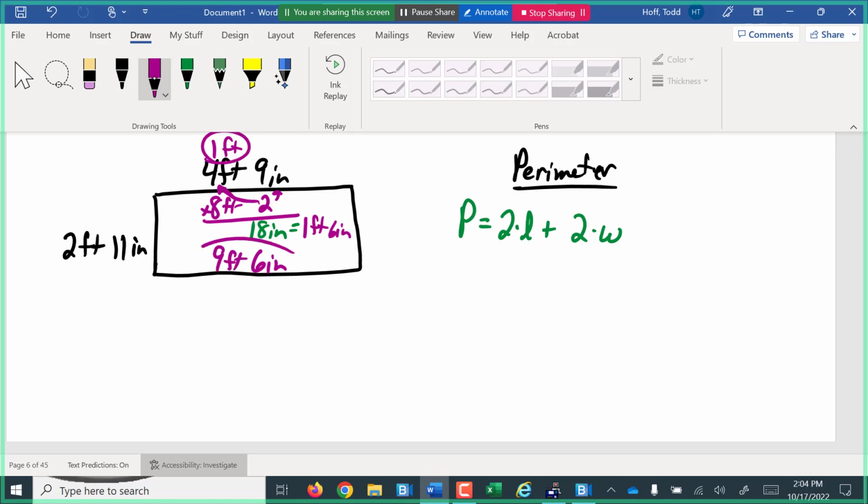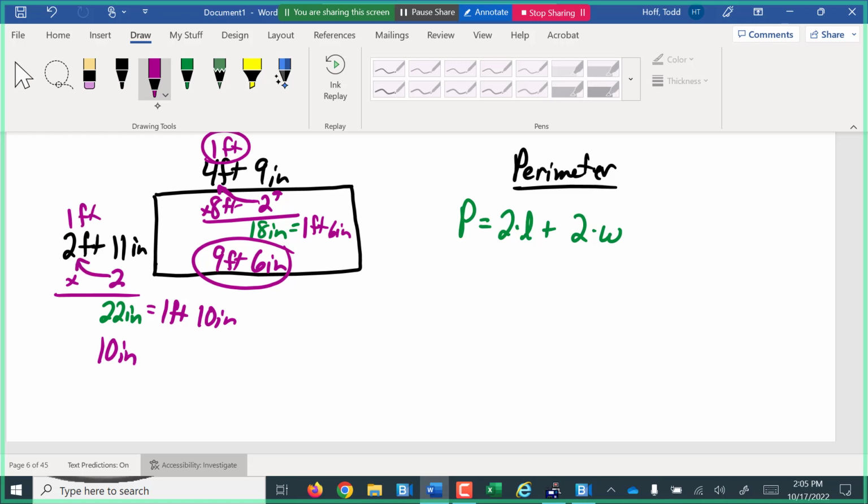So that's 9 feet, 6 inches. Let's multiply the width by 2. 11 inches times 2 is 22 inches. That's more than a foot. How many inches would be left over? 10 inches. So we'll keep the 10 inches, carry the 1 foot.